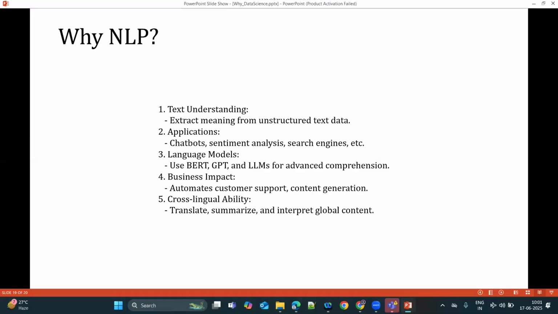That is the reason we are using NLP, natural language processing, whereby we teach human-readable language to the machine, so that the machine can take human-like decisions.